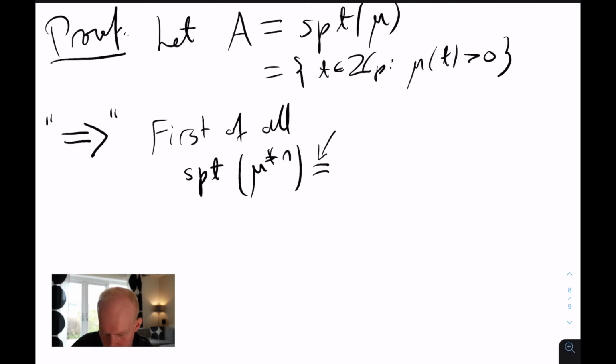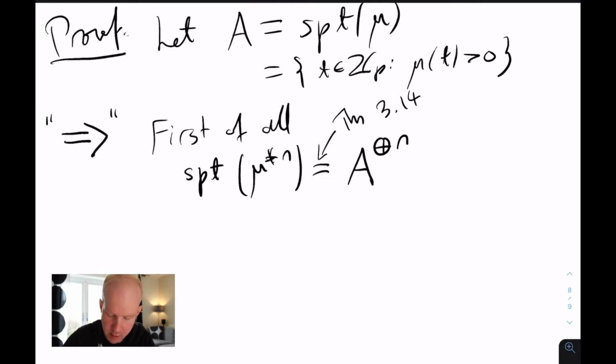I think in the notes this was theorem 3.14, but if the numbering changes, it's basically the one that connects the support and the convolution. So this becomes, with the notation, A plus n. That's the convolution notation.